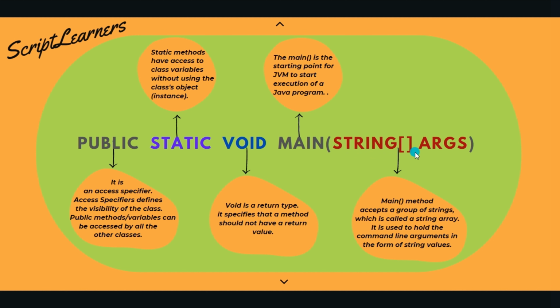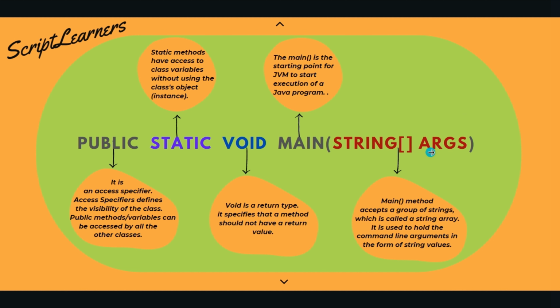Here the name of the string array is args, the short form of arguments, but it is not fixed to use args. We can use any name, as you know, it is just a variable name that defines that we're talking about a string array here. It is a standard practice to use args as the string array inside the main method.